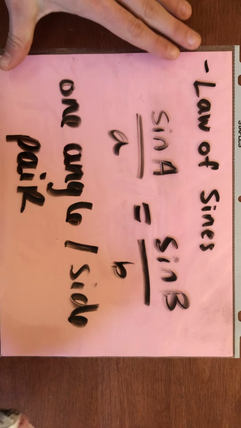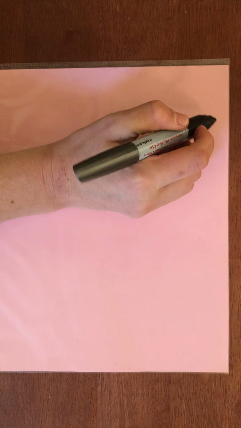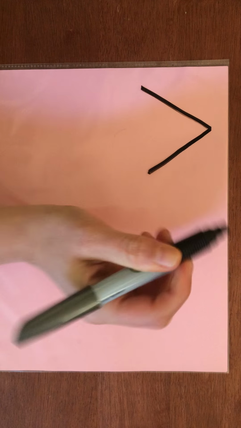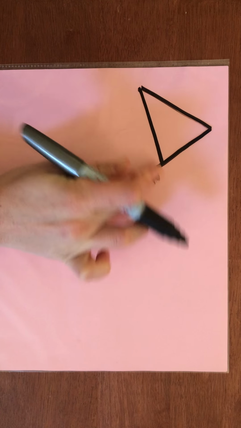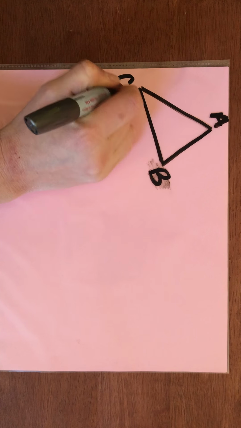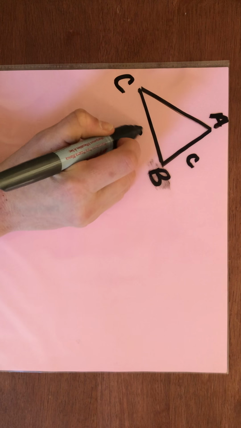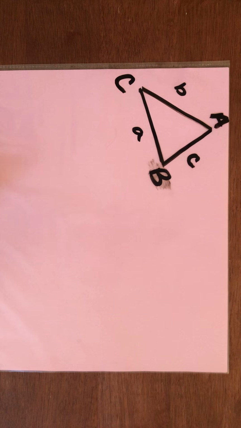All right, so let's do a problem. I have a triangle, and we have angle A, angle B, angle C, which means that this is little c, this is little a, and this is little b.